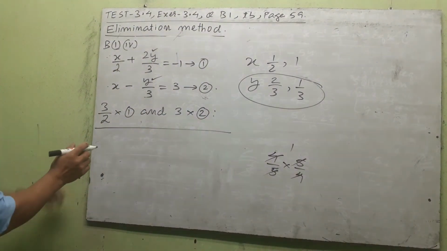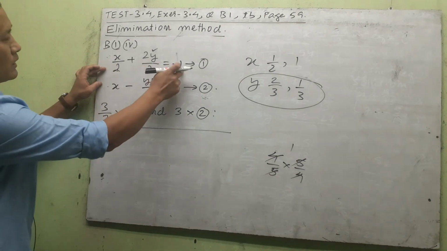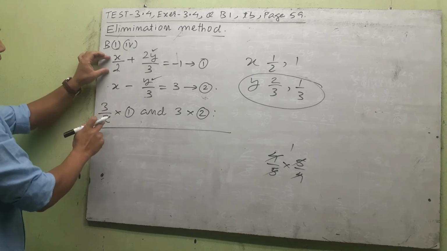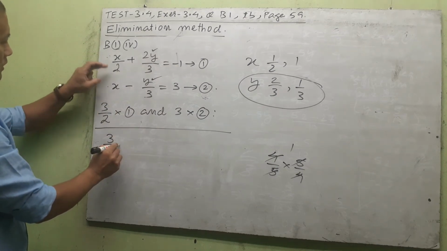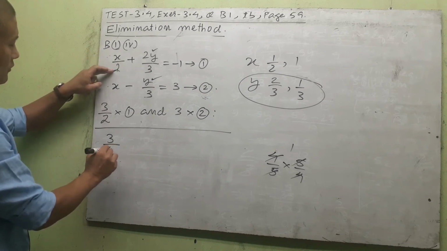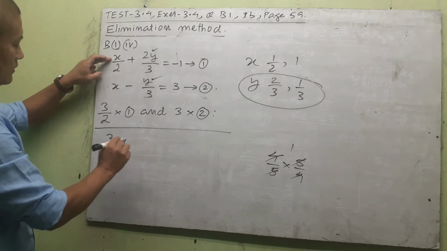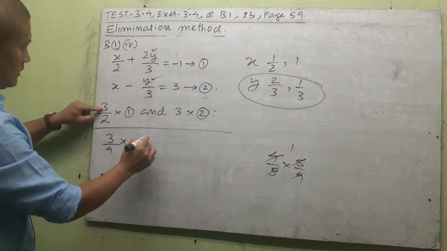So here, 3 by 2 will multiply all these 3 terms. So 3 ones are 3 divided by 2 2s, numerator will multiply numerator, denominator 2 will multiply denominator, 2 2s are 4. So 3 by 4x plus 3 2s are so here.